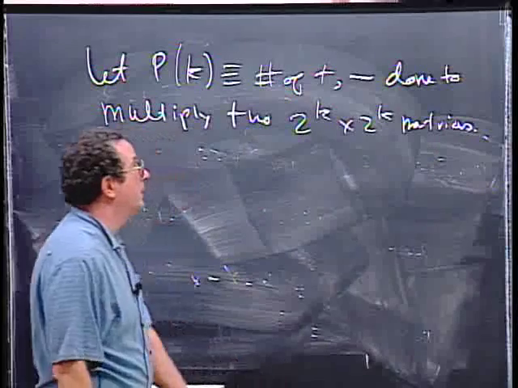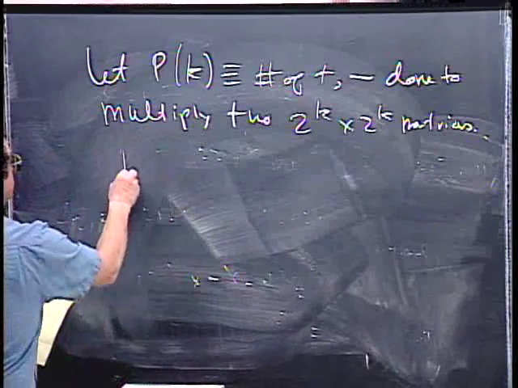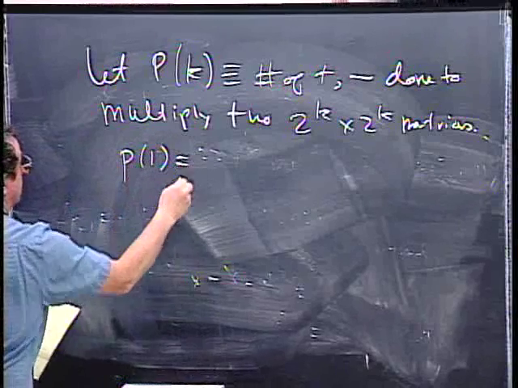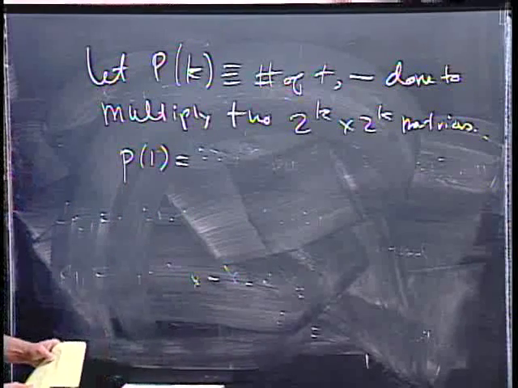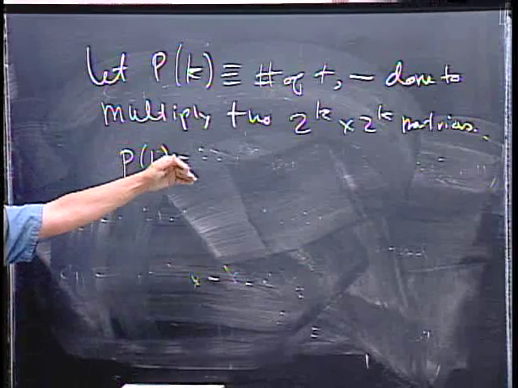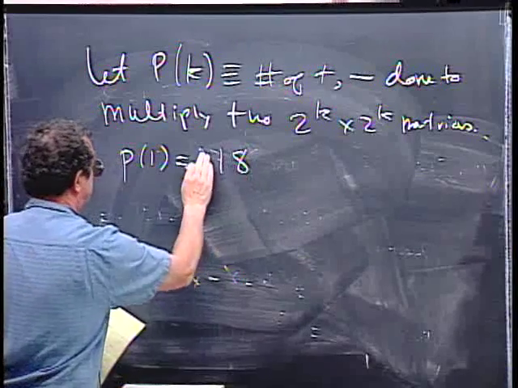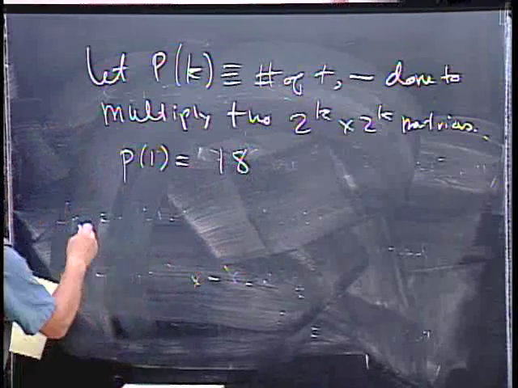Okay? And set up the recursion for that. Well, first of all, P_1 is equal to, this is now the 2 by 2 case, so we know how many additions that is. That's equal to 18. Okay?